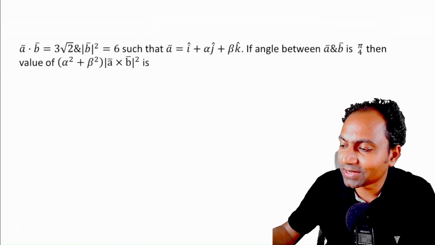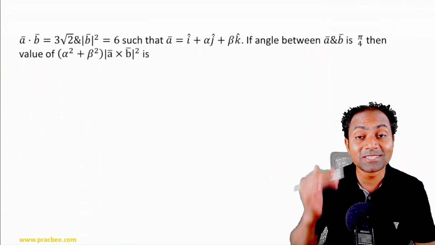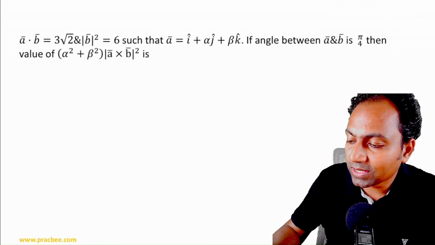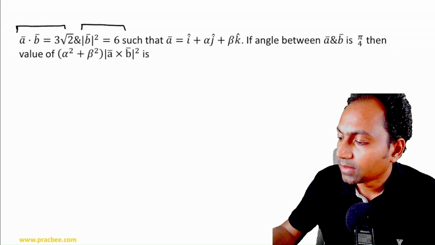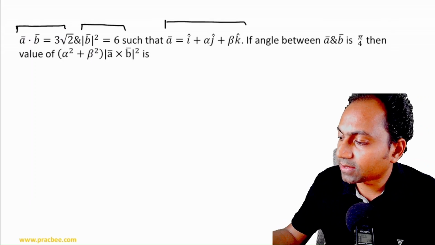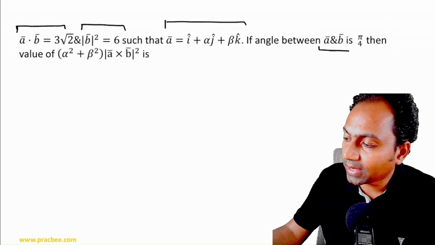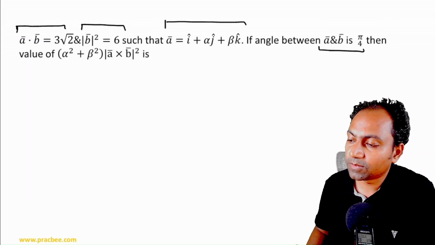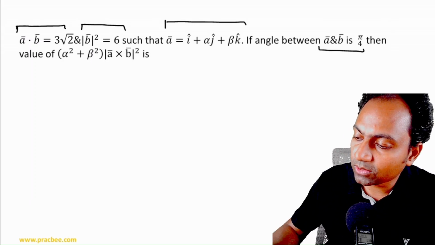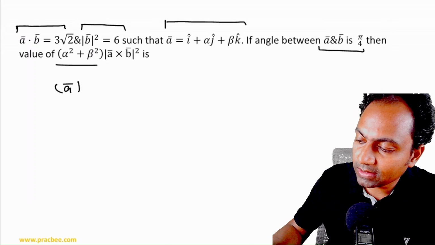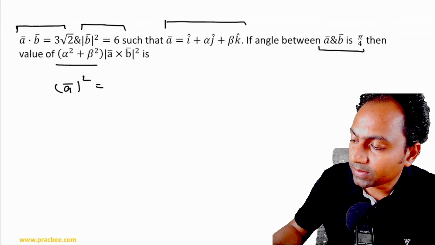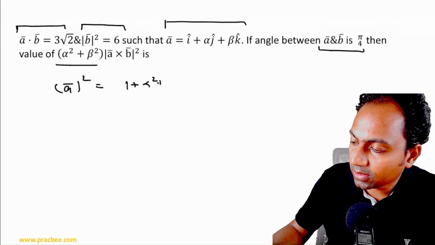If I move further, another vector based question is given, and this is also extremely easy. So what they have given us is the value of a vector dot b vector, and then they have given us this a vector. They have given that the angle between a vector and b vector is nothing but pi by 4. Then they want us to calculate the value of alpha square plus beta square. So if I just take this and square it, it will become nothing but 1 alpha square beta square.